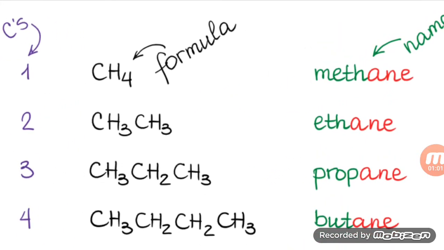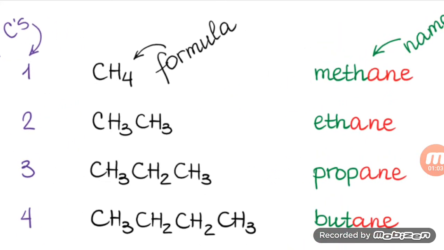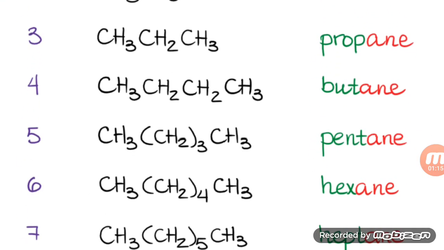Whenever there are two carbons, it is called ethane. When there are three carbons, like CH3 CH2 CH3, this is called propane. When there are four carbons, it is called butane.